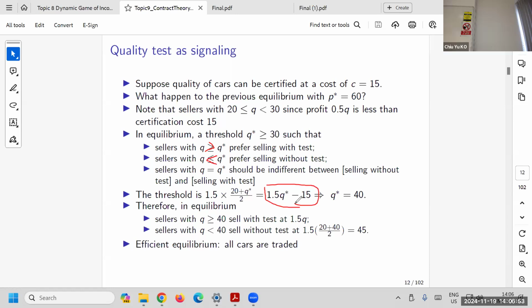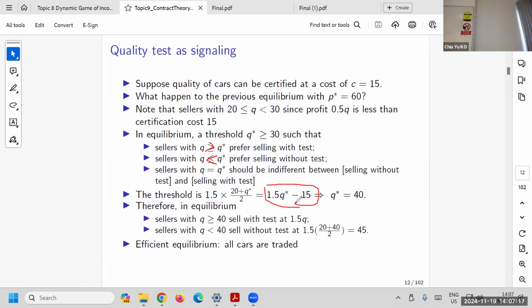And in some sense, that's why you're here. Why you are doing a PhD program is to costly verify you're good at doing research. So in order to do a PhD, you spend a cost of 15. The same idea goes on.